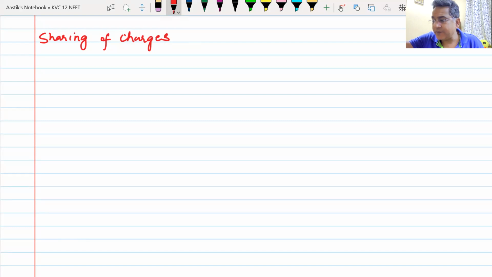Now, what is going to happen in this sharing of charges? We are going to see two conductors, and these two conductors are going to be connected by a wire.